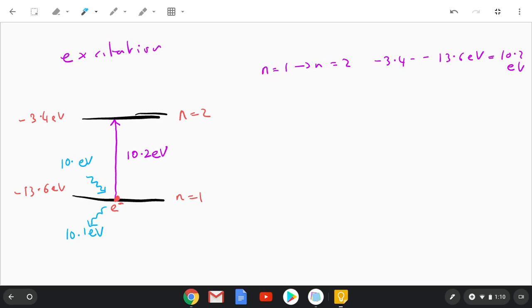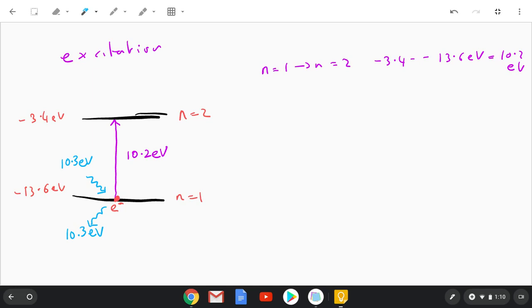So on that note, what if the incoming photon had 10.3 electron volts of energy rather than 10.1? So many of you will probably think that that's more than enough. So the electron will bounce off.